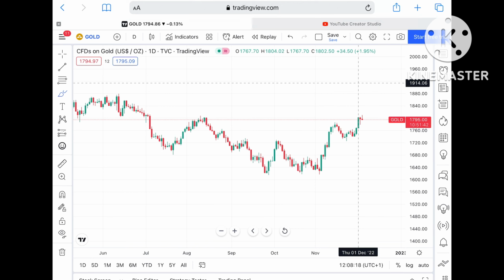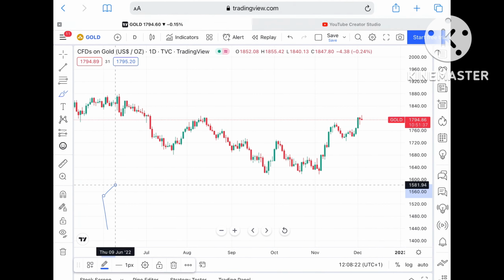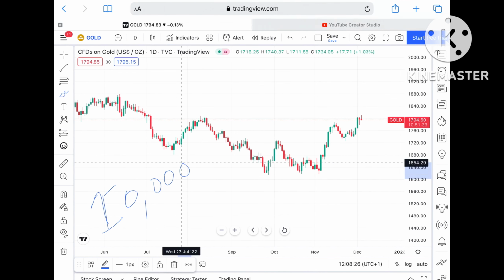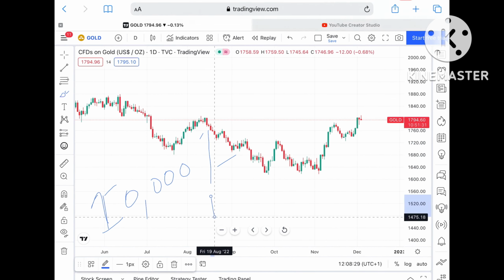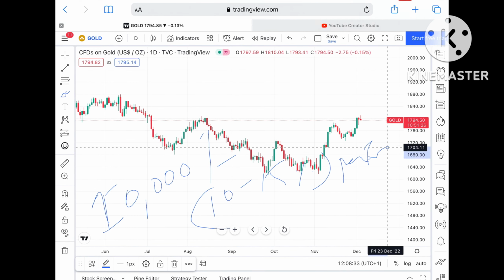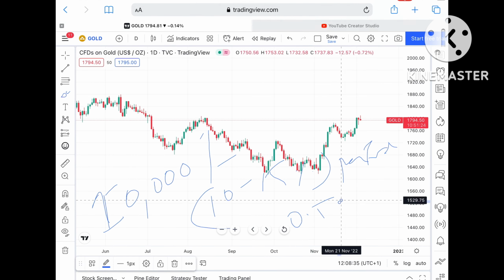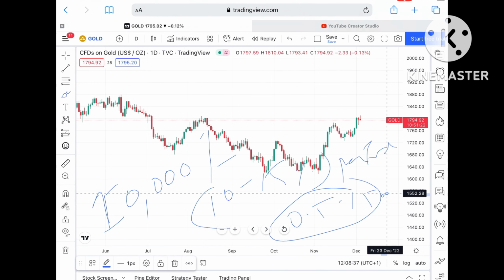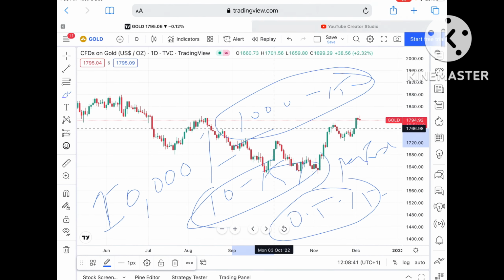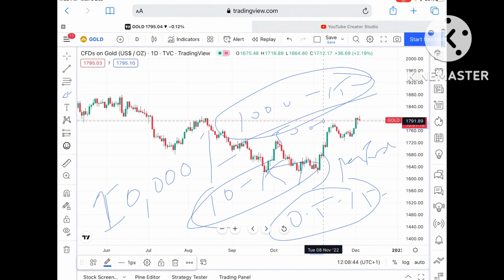Now understand something. If you are trading, you have to be careful, because most of the people lose money in trading. So suppose if you are trading with $10,000, try to trade with 10 to 15% of capital per trade, and a risk of 0.5 to 1%, that is $50 to $100. 10 to 15% is $1,000 to $1,500. So $1,000 to $1,500, with a risk of $50 to $100 per trade.